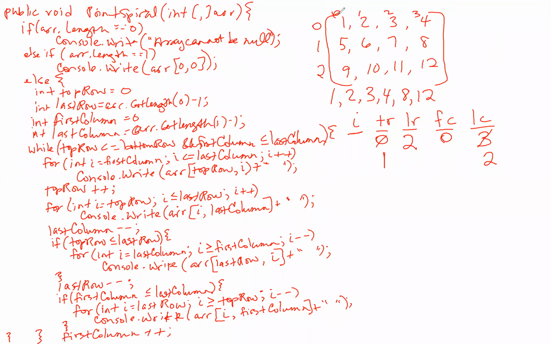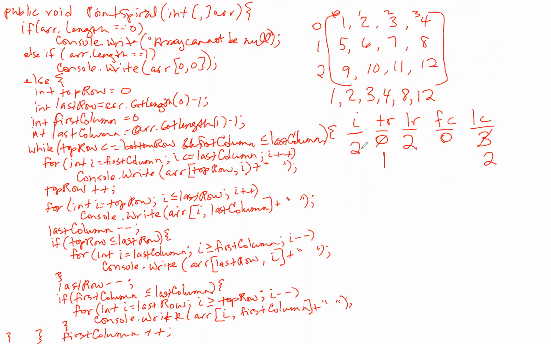Okay, so if top row, which is 1, is less than or equal to the last row, which is 2, then we can do this next statement. So that condition is met. So for int I equals last column, so last column is 2, so I starts at 2, and I is going to be greater than or equal to first column, and first column is 0, so 2 is greater than 0.